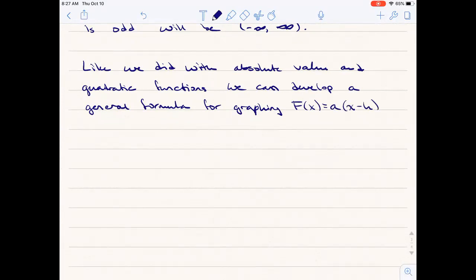Hey, that looks familiar, right? To the power of n plus k.